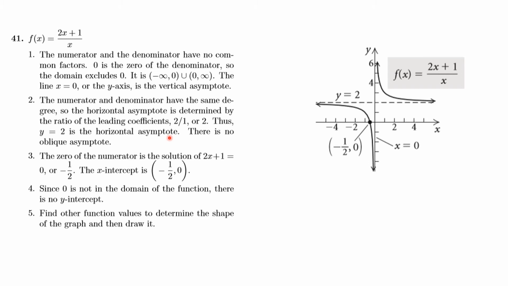There is no oblique asymptote because those degrees were the same. The zero of the numerator, which is the zero of the function, is at (-1, 0), so you see that's where it hits the x-axis. Since 0 is not in the domain of the function, there is no y-intercept. And we pick some other functional values, and then we get a picture that looks like this.